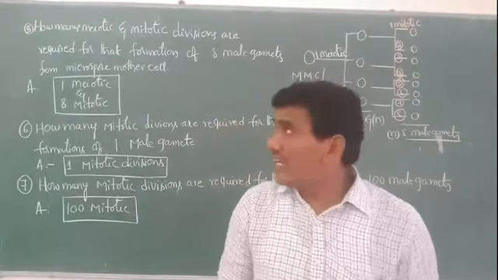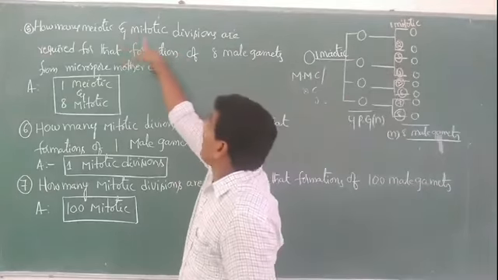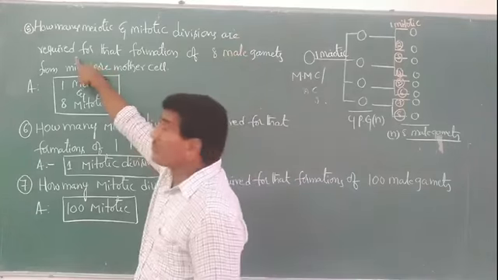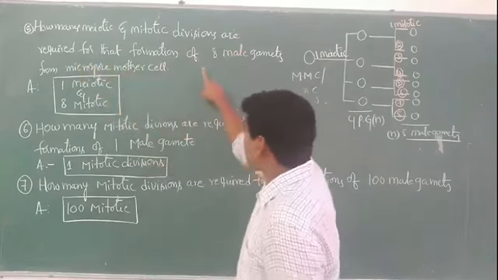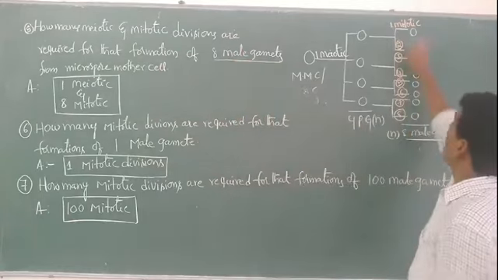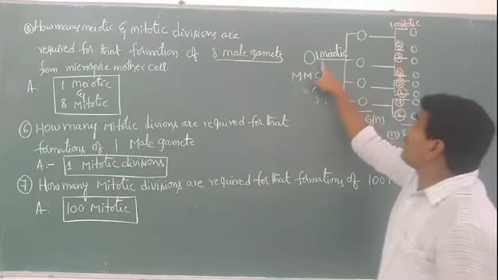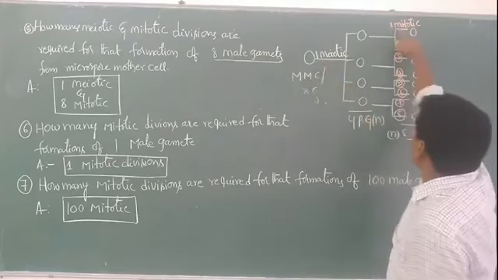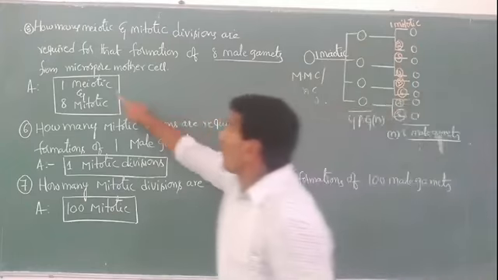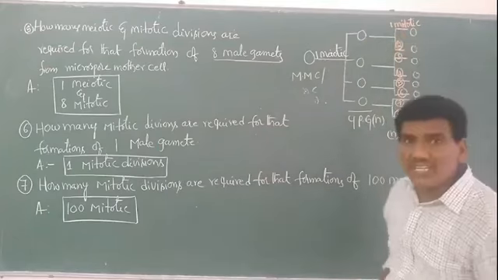The next problem: how many meiotic and mitotic divisions are required for the formation of 8 male gametes? 1 meiotic division and 8 mitotic divisions.